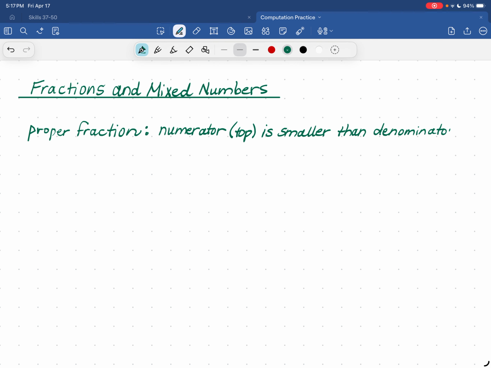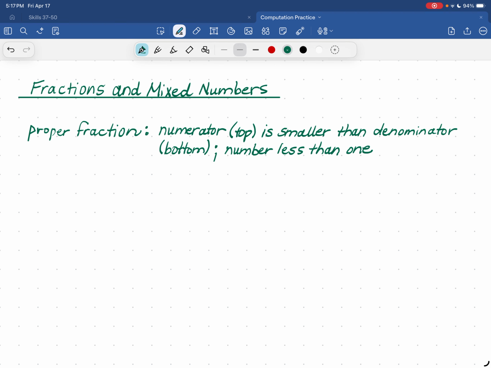And more importantly, and they may go on, they do, a proper fraction represents a number less than 1. So let's put that in there, and then we'll take a look at what all this means. A number less than 1.